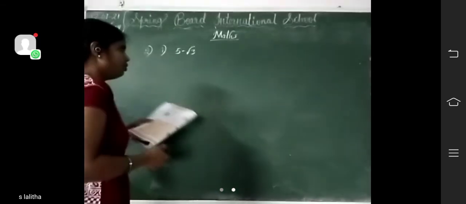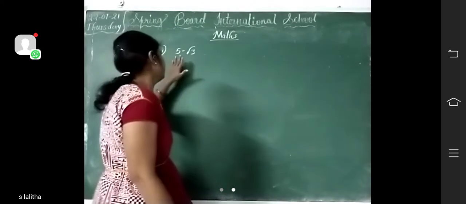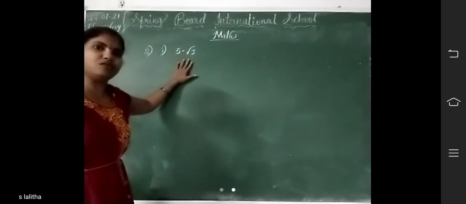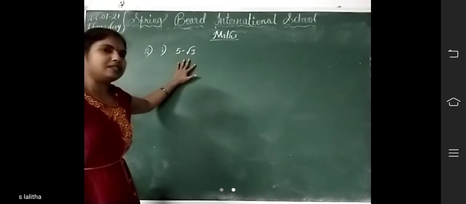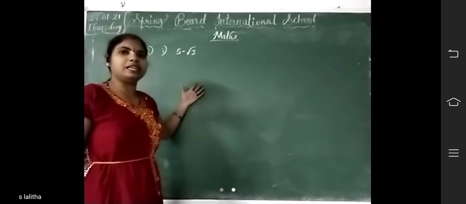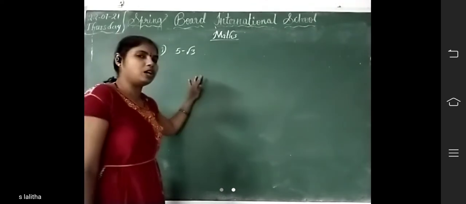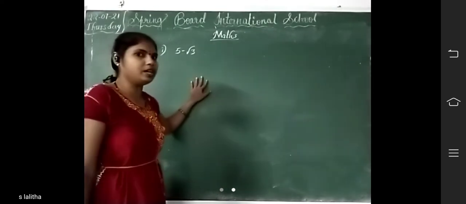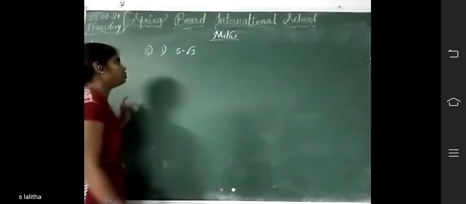So you have to simplify this one and decide whether it is rational or irrational. Rational means what now? Yes, the decimal expansion is terminating or non-terminating repeating decimal. And an irrational number is one whose decimal expansion is non-terminating, non-repeating decimal. Okay, children? So 5 minus root 3.